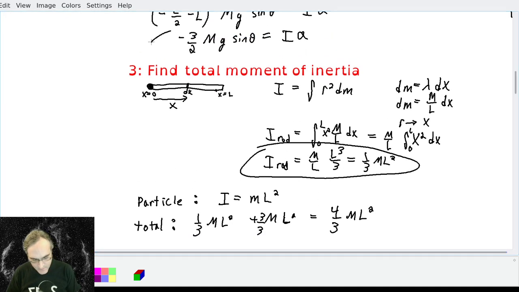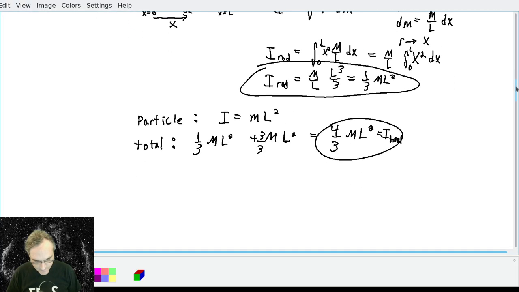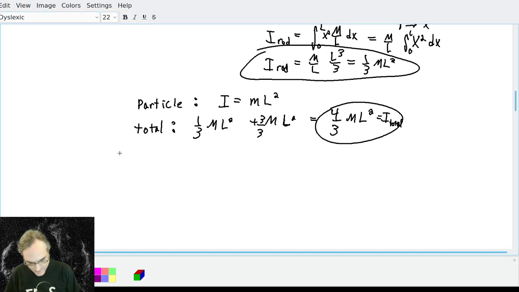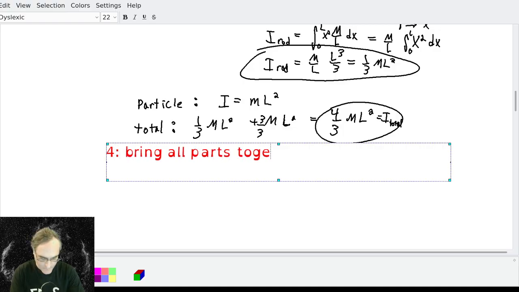Alright, so we're about to take our torque equation and our I total and put them together. So the next step is to bring all the parts together.